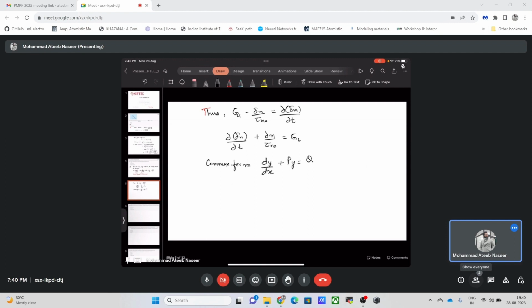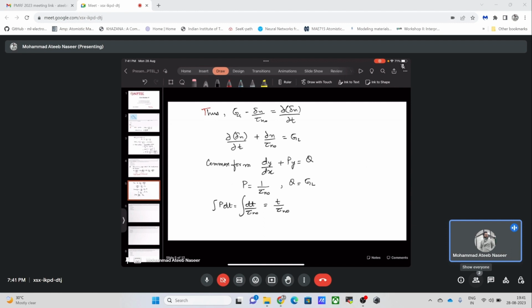So here p is 1 by tau n naught, and q is GL. The integral of p dt is simply the integral of 1 by tau n naught, which is t by tau n naught.